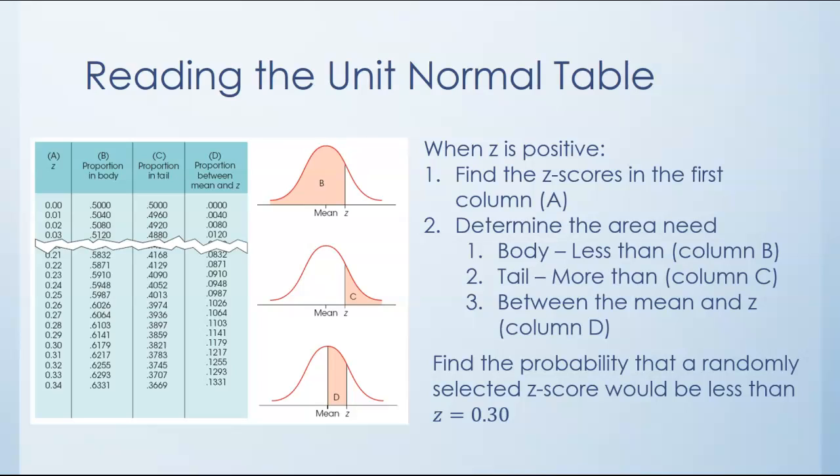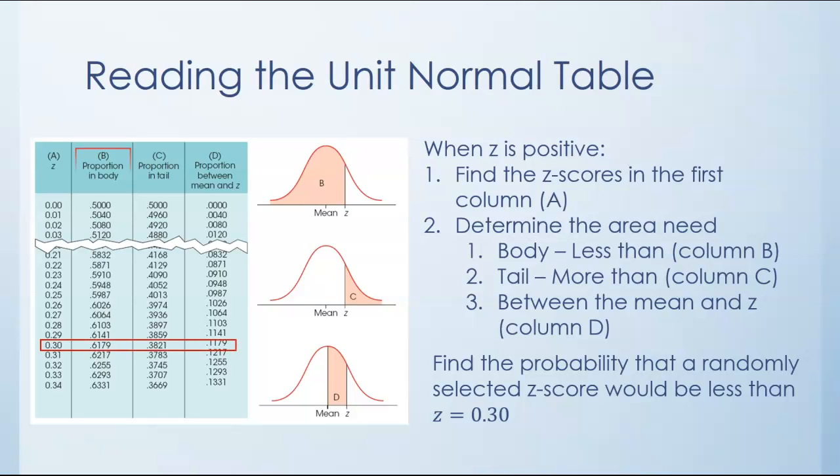Okay, let's say we want to find the probability that a randomly selected z-score would be less than 0.30. So again, we want less than. Less than is the body, so we're going to use column B. We find 0.30 first, right here on our chart.